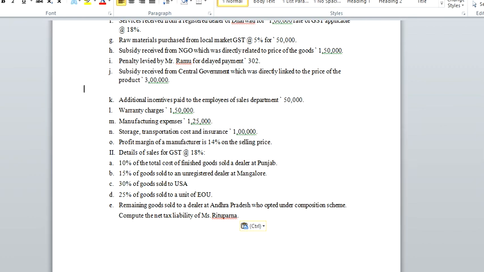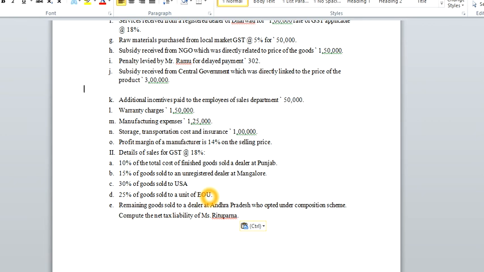15% of goods sold to an unregistered dealer at ಮ್ಯಾಂಗ್ಳೂರ್. ಟ್ರಾನ್ಸಾಕ್ಷನ್ ವ್ಯಾಲ್ಯೂ 10 lakh ಅಂತ ಹೇಳಿದ್ರೆ ಅದ್ರ ಮೇಲೆ 15% ಕ್ಯಾಲ್ಕುಲೇಟ್ ಮಾಡಿ 1,50,000 worth goods sold to Mangalore dealer. Next 30% of goods sold to USA, ಎಕ್ಸ್ಪೋರ್ಟ್ ಮಾಡ್ತಾ ಇದ್ದಾರೆ. 25% of goods sold to a unit of EOU.